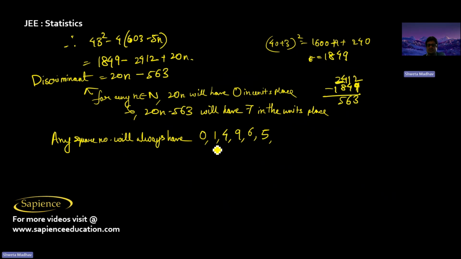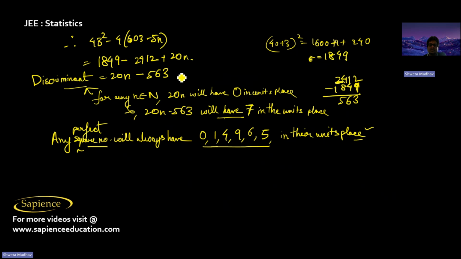So only these numbers it will have. Any perfect square number will always have these numbers in their unit place. So hence we can say that there is no such square number which will have 7 in its units place. So the discriminant will never be a square number.